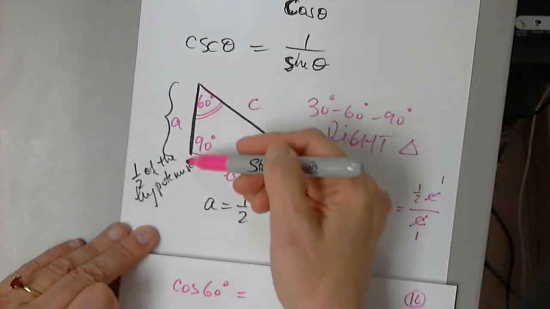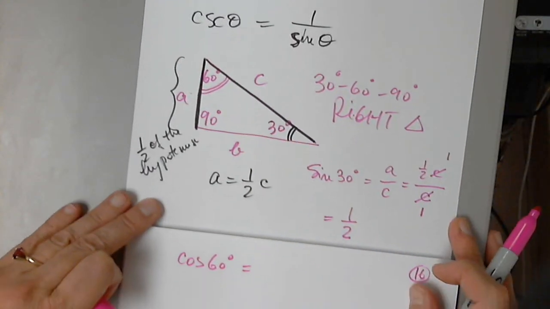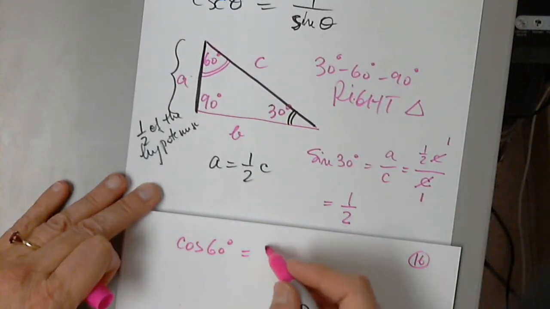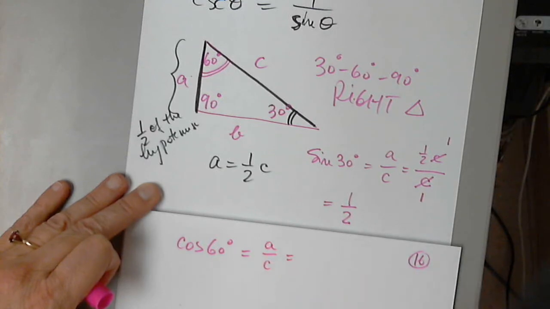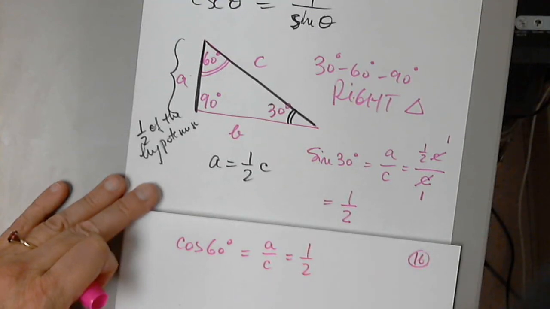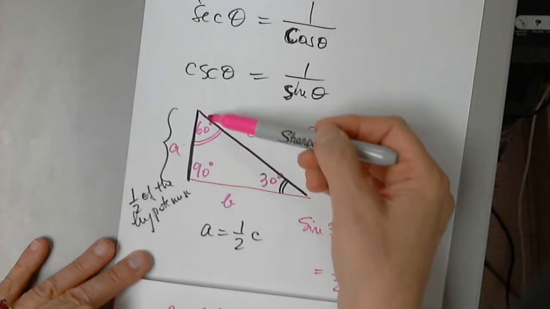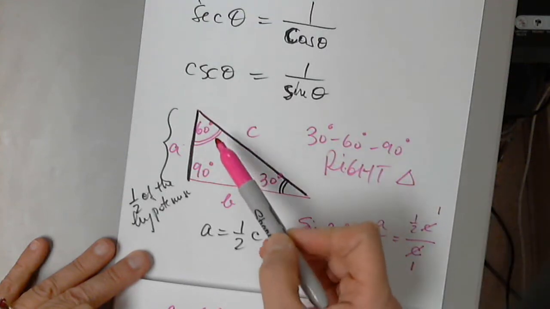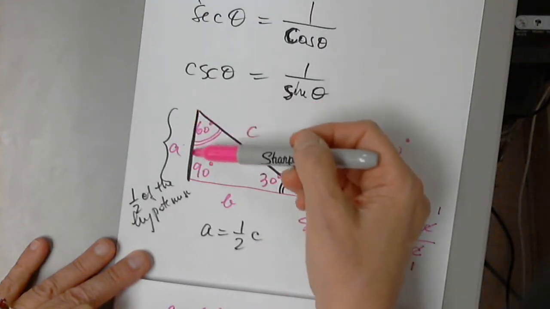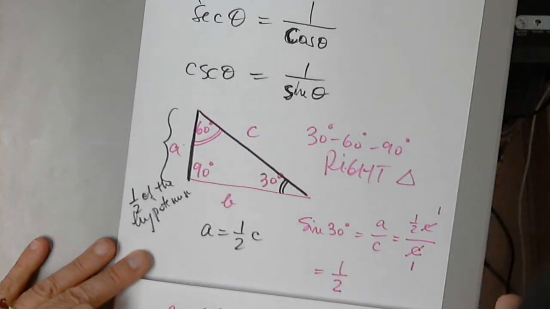But we've seen the adjacent leg over hypotenuse a minute ago. What does that equal to? A divided by C. What does that equal to? 1/2. Agreed? Same thing. So sine 30 degrees is the opposite over the hypotenuse, but so is cosine 60 degrees, the adjacent over the hypotenuse.